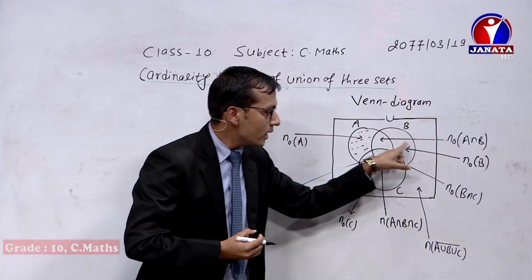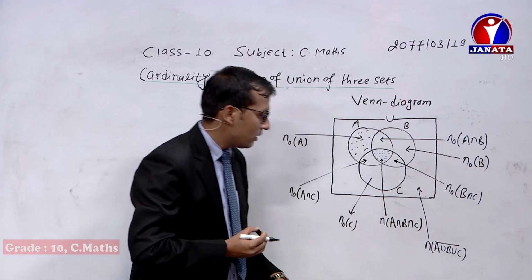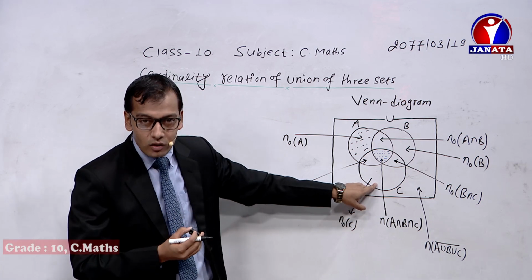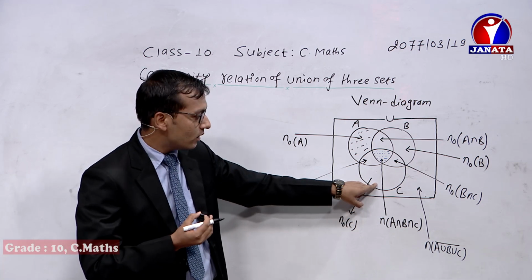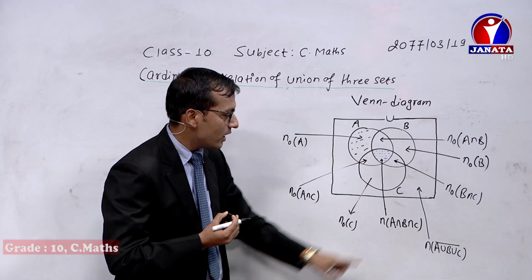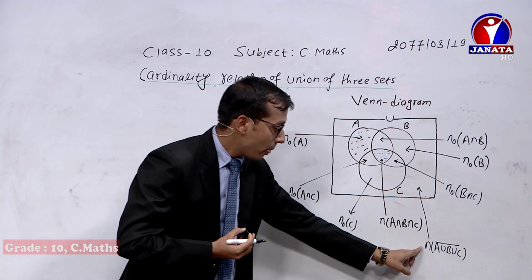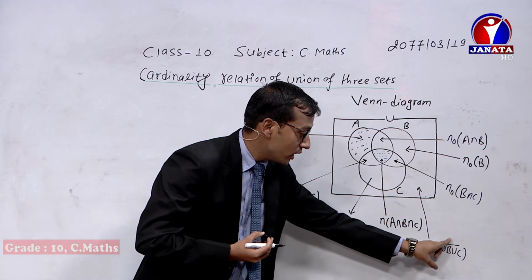Similarly, this one is n only B, and this is n only C, and the region which lies outside of sets A, B and C is called the complement, and we denote this by n of (A union B union C) complement.